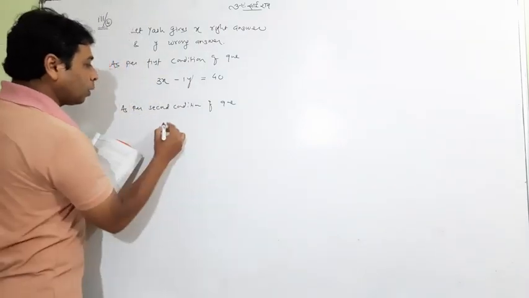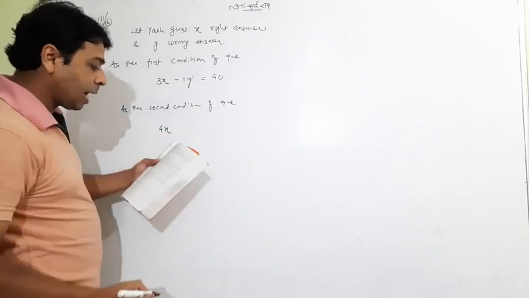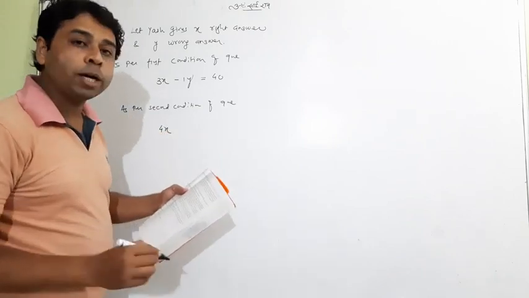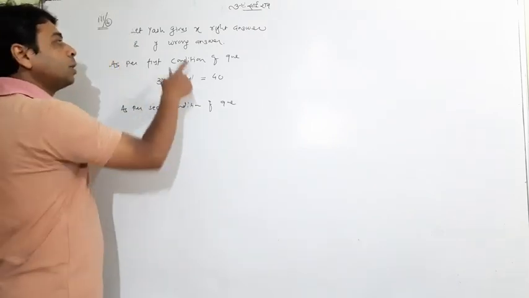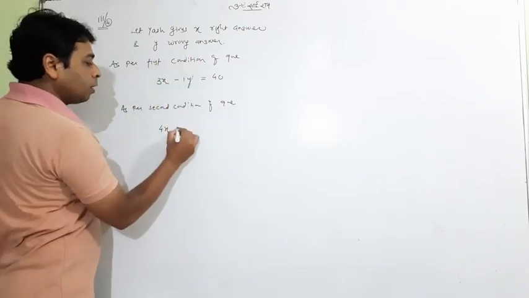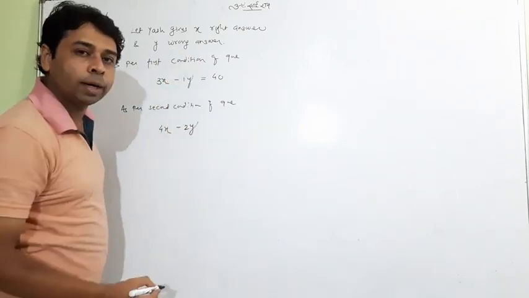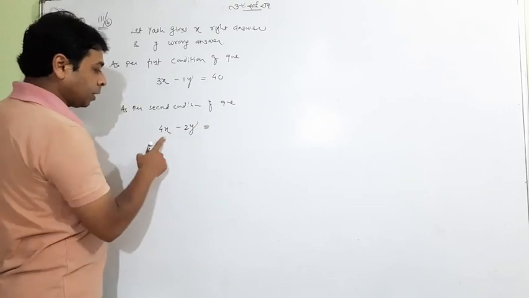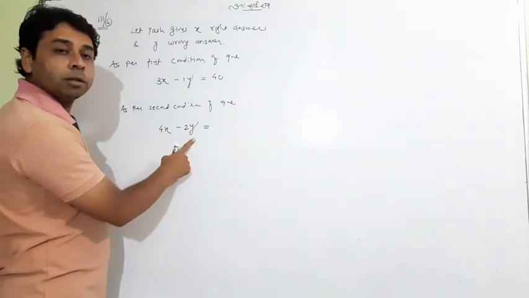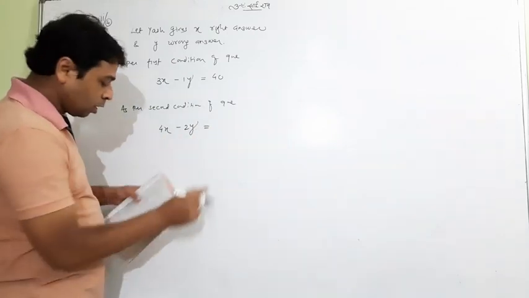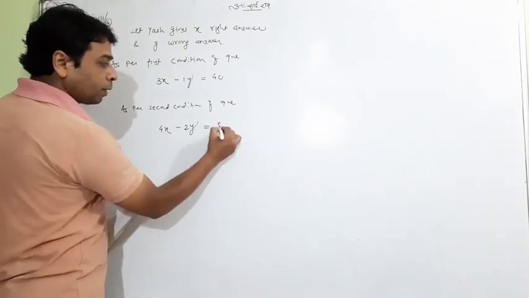So total marks he obtained is 4x, and 2 marks are deducted for each wrong answer. So for Y wrong answers, total marks deducted is 2y, and this is minus because it is a loss or deducted marks. Now the balance marks is 50.